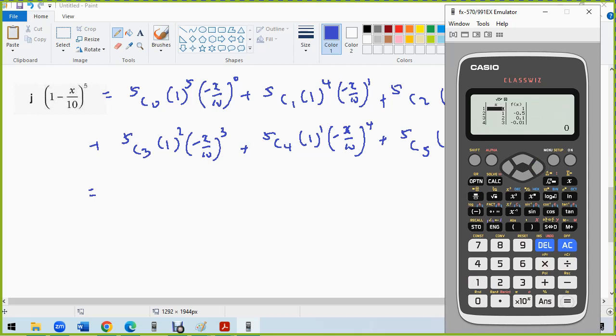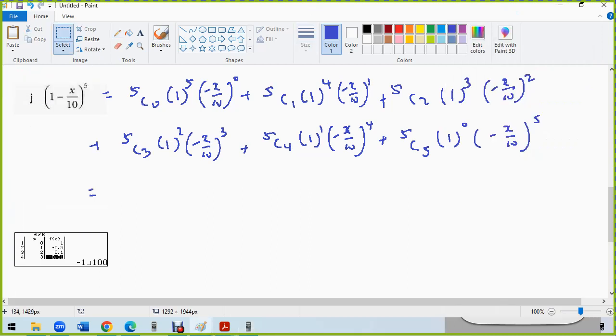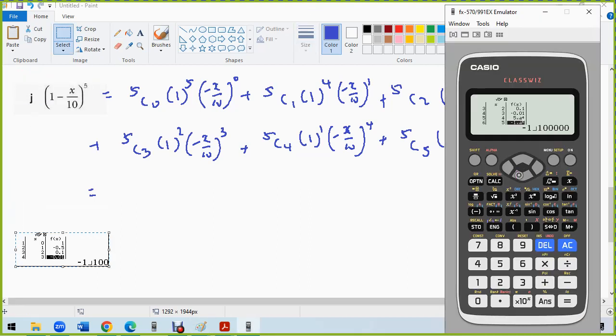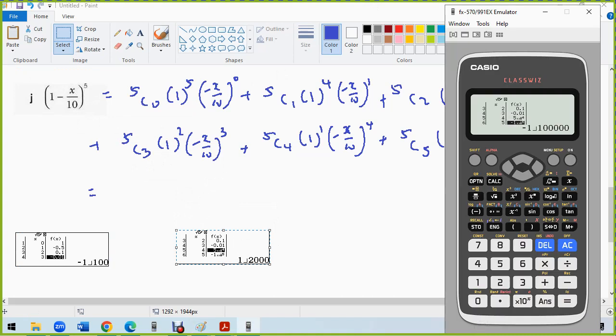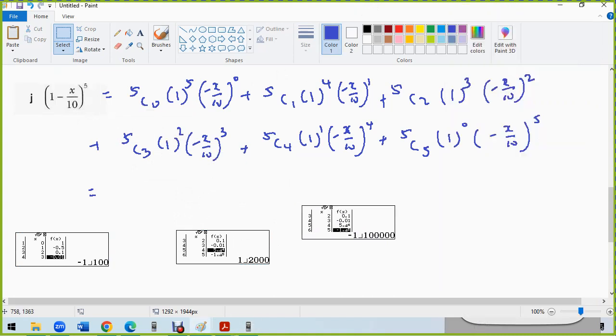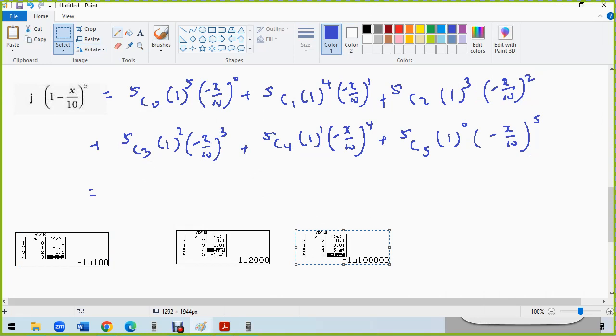So we have negative half, 1 over 10, negative 1 over 100. Okay, and then these two will, okay, so this is actually half. This is actually 1 over 10, negative half.